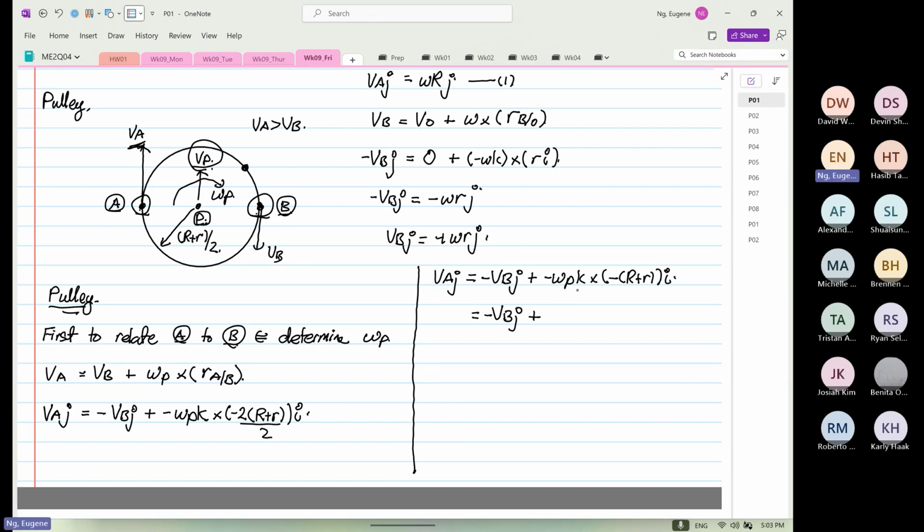We have omega P down here. K cross I is positive, minus minus is positive. So this is R plus R, and then we have omega P. And this is also in the J direction.